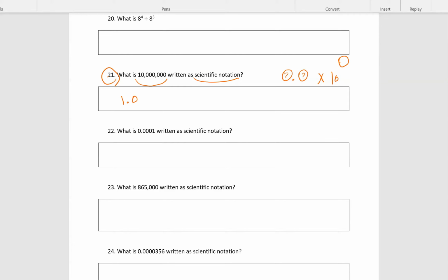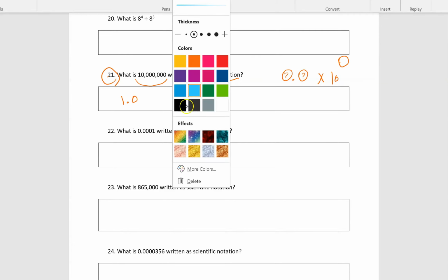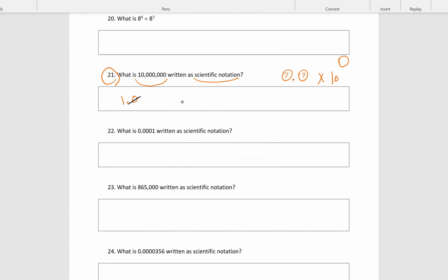So we skip this part. So 10 to the power of what? Count the zeros: 1 2 3 4 5 6 7. 10 to the power of 7.